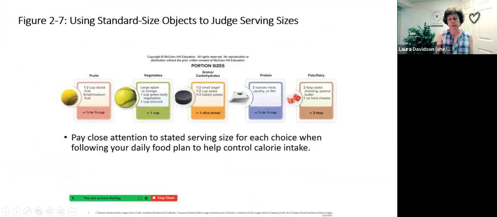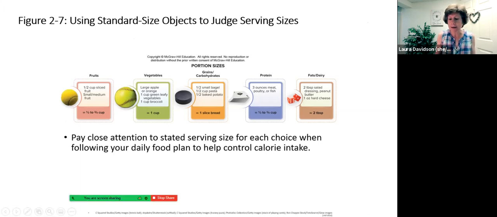So let's keep going. Now, one of the issues with the American diet is that we've lost a sense of what an appropriate portion is for many foods, and we can blame a lot of that on the food industry. Your textbook shows some examples of standard objects that we see every day that can help us judge sizes.